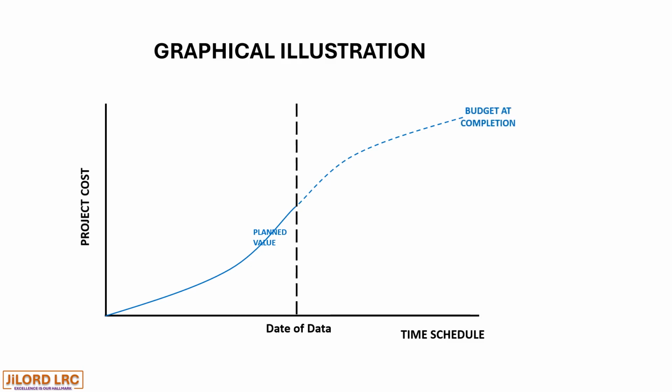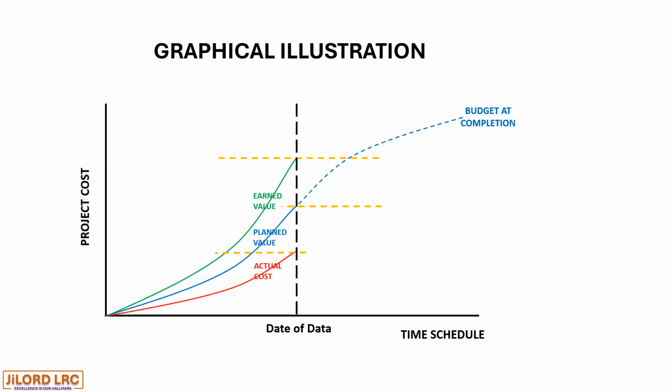So we have our planned value and our budget at completion for the S curve. And in this case, the actual cost is lower than the planned value, and the earned value is higher, above the planned value and the actual cost.